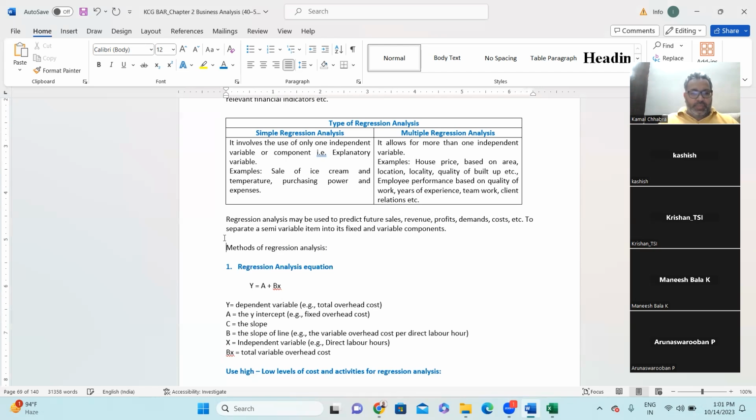So next thing is methods of regression analysis. There are various methods of regression analysis, so let's do them one by one. First, the regression analysis equation.